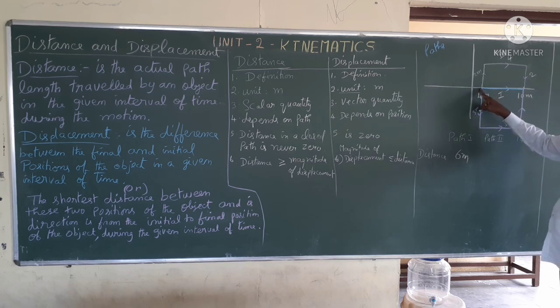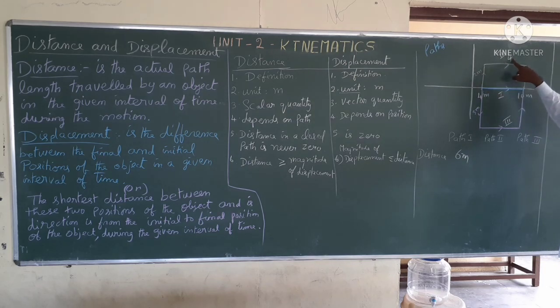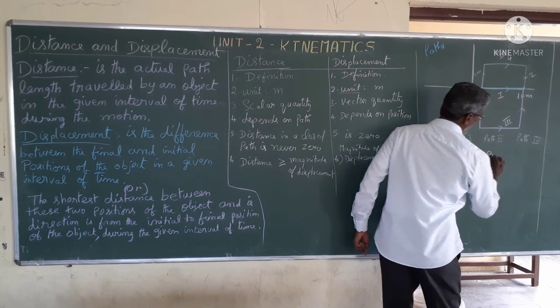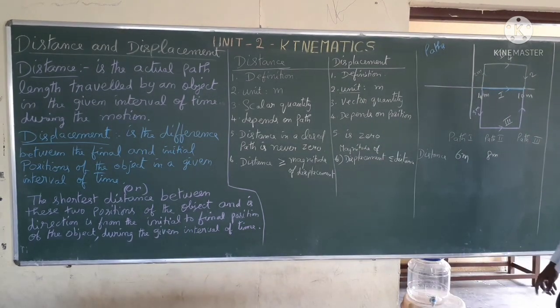So from the starting point 2, then it covered 4, then 2 meters to reach the final position. So 2 plus 4 is 6, 6 plus 2 is 8 meters. The distance covered by the person is 8 meters in path 2.